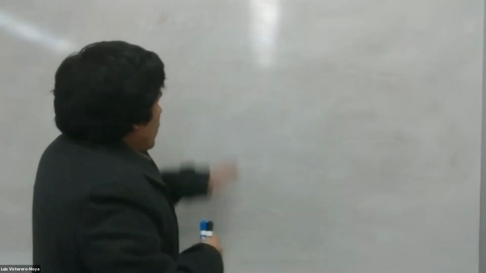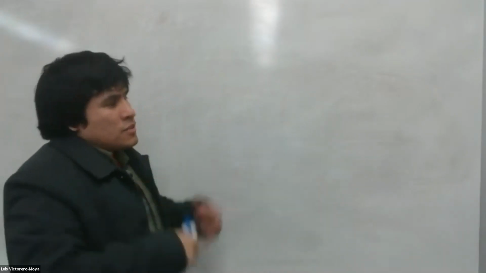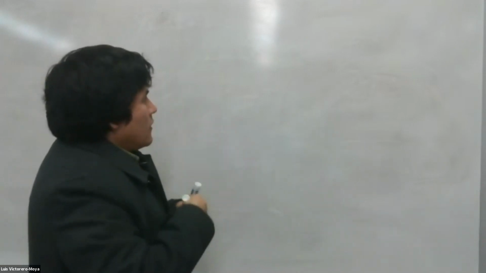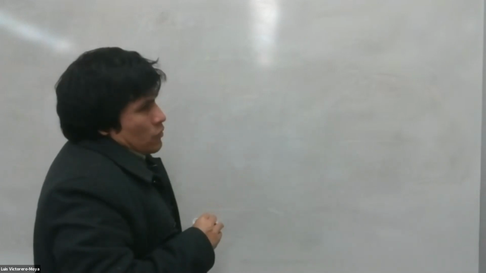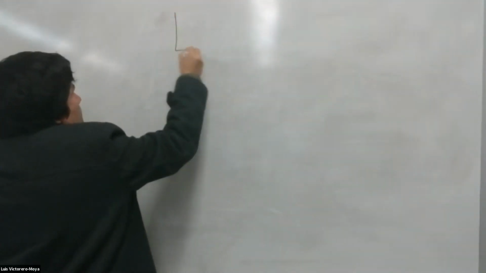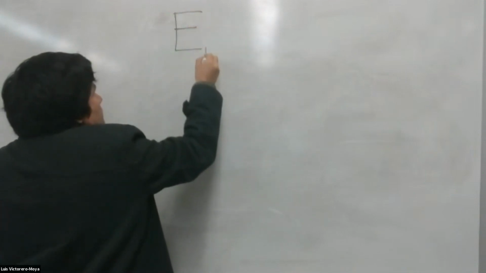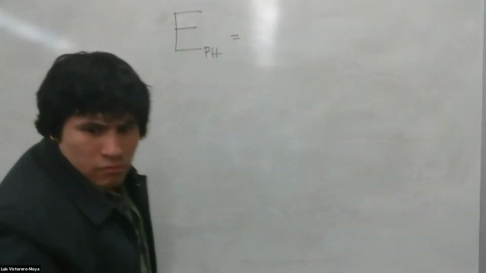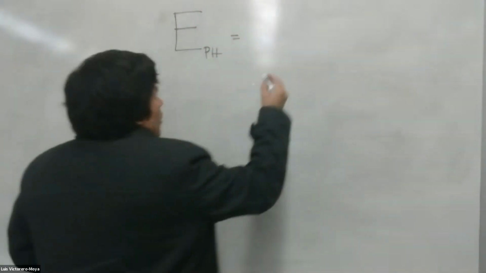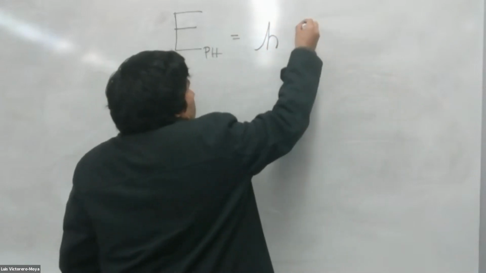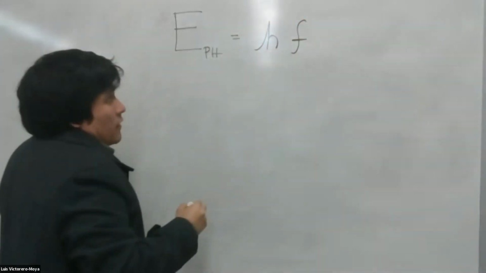Well, a stream of light can have billions, trillions, quadrillions, quintillions of photons, more than that, right? A large amount of photons. The energy of a photon is given by a constant value h times the frequency of light.